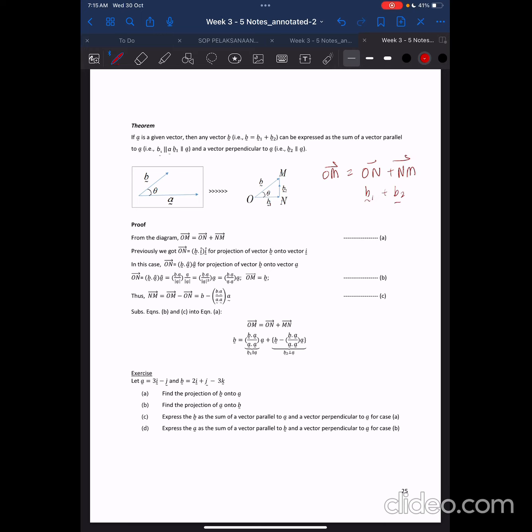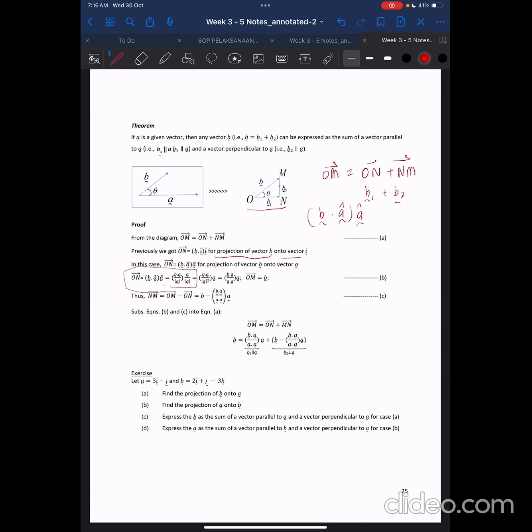And previously we know that ON here is actually the projection of vector B onto vector A, in the direction of A. Okay, so we can express it like this: B dot the unit vector of A, in the direction of the unit vector. If we expand, it will look something like this.